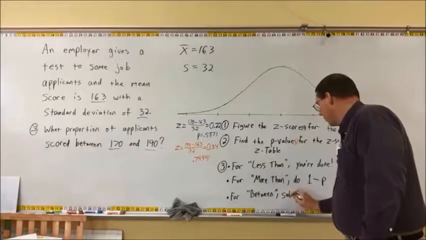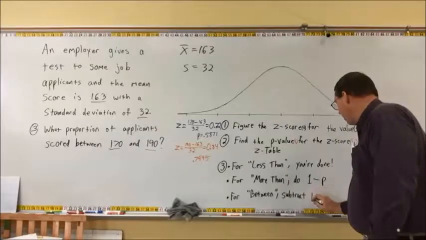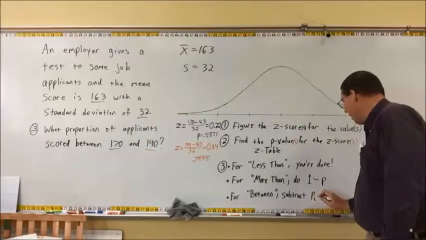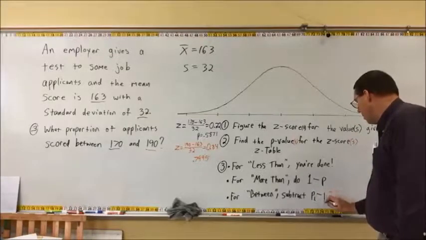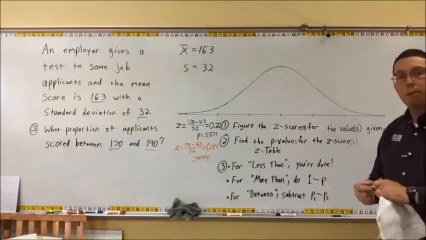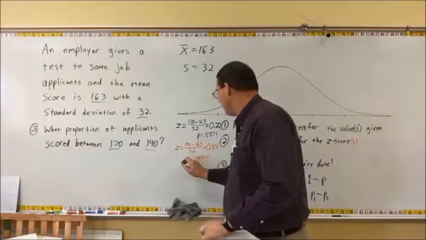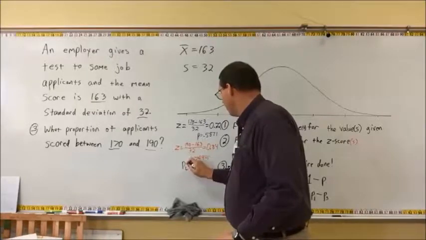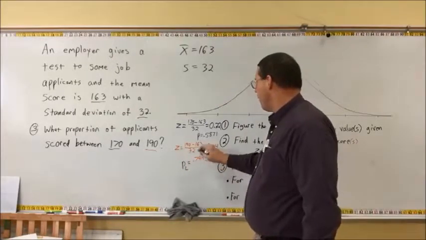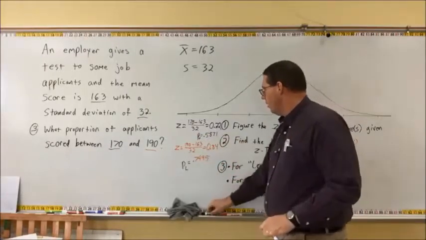So here's what we're going to say for between: subtract. You're going to subtract the larger p-value, so we'll say p sub L minus p sub S. That means the larger p-value minus the smaller p-value. And in this case, the larger p-value is 0.7995, and the smaller p-value is 0.5871.